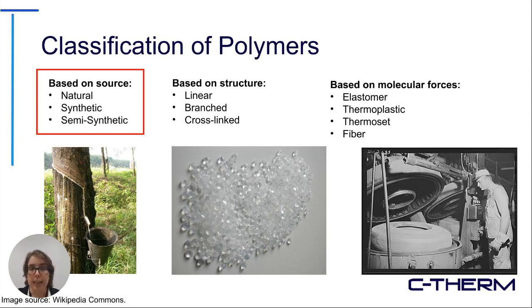You can also look at synthetic or semi-synthetic polymers, which are man-made chemicals, sometimes starting from natural building blocks. And generally speaking, the natural polymers will usually have better biodegradability properties. However, increasingly we're getting more tunable synthetic polymers with better biodegradability and better sustainability profiles.